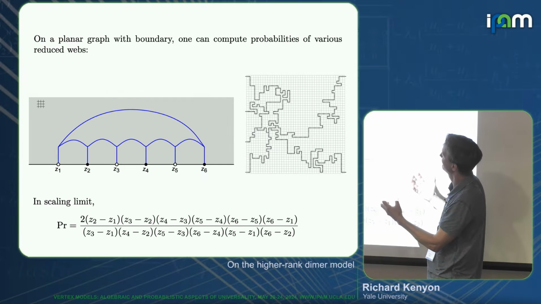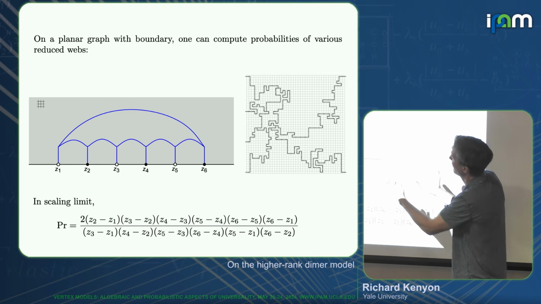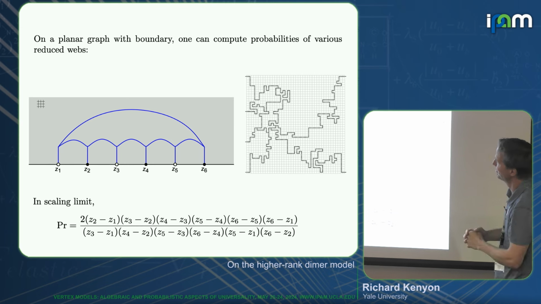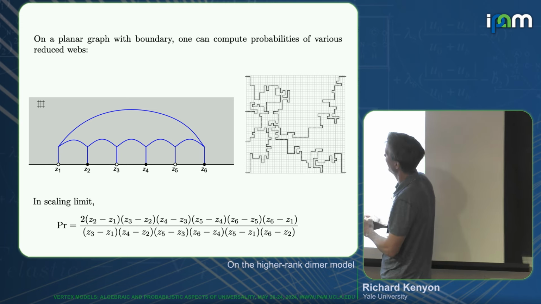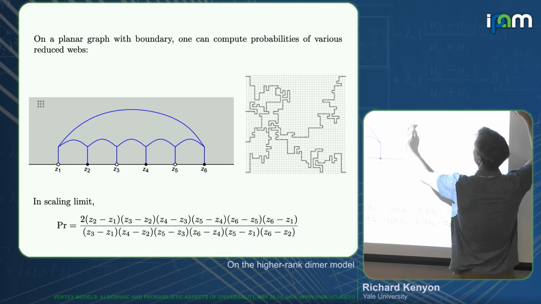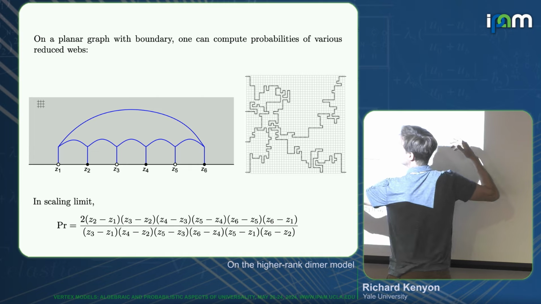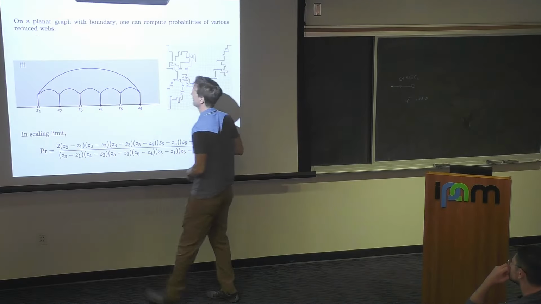But when you have a boundary, so the annulus didn't have a boundary, here's a case with boundary where things are somehow a little bit more concrete. What I did was I took a large domain in the plane and chose six boundary vertices, 3 whites and 3 blacks: white, black, white, black, white, black.